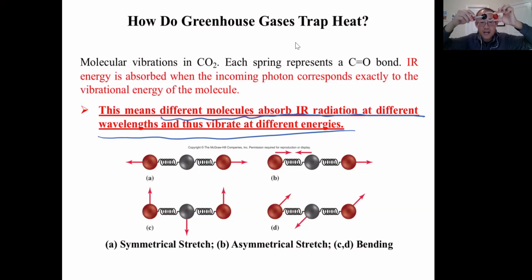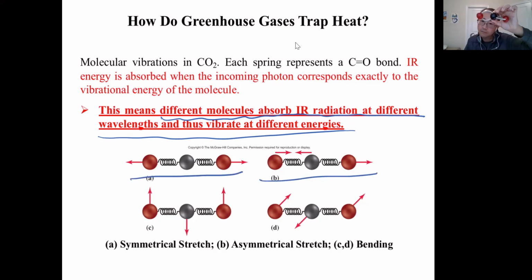If you pull the springs equally on both sides, we call that symmetrical stretching. If you squeeze one spring and stretch the other, we call that asymmetrical stretching.